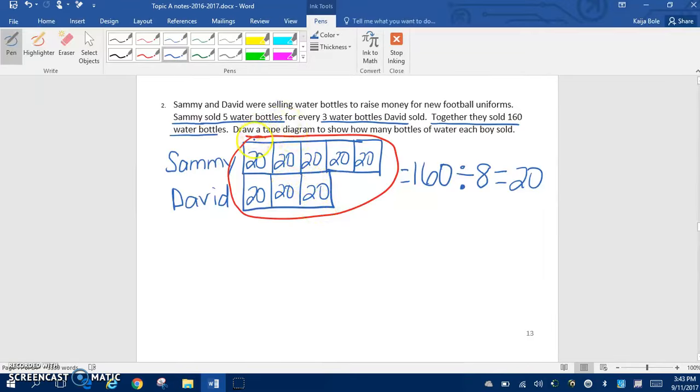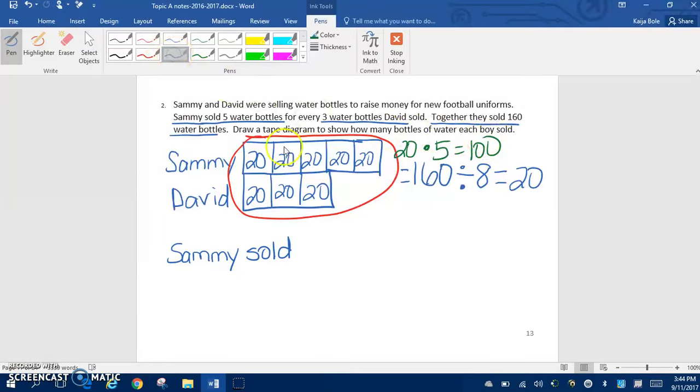So now the question asks us to show how many bottles of water each boy sold. So Sammy sold, if we look up here, I'll do it in different colors, Sammy had 20 times 5 boxes, and 20 times 5 is 100.